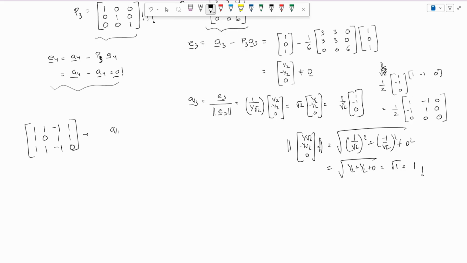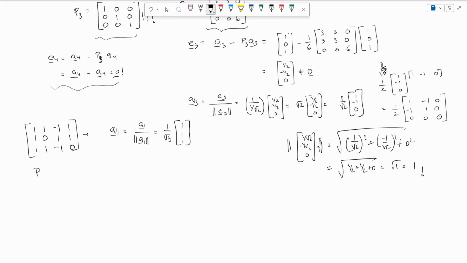Tell me what will be Q1. Q1 is easy. The length is not 1. You have to normalize the length to 1. That's all. This will be 1 by root 3. That's fine. We've got Q1.